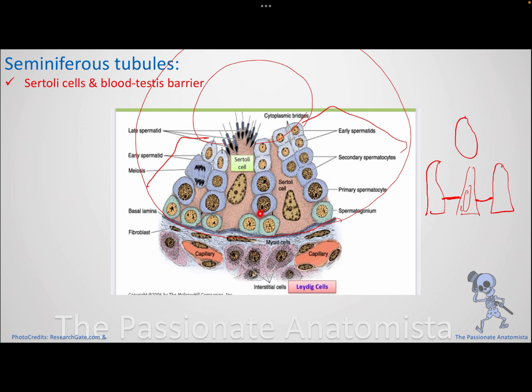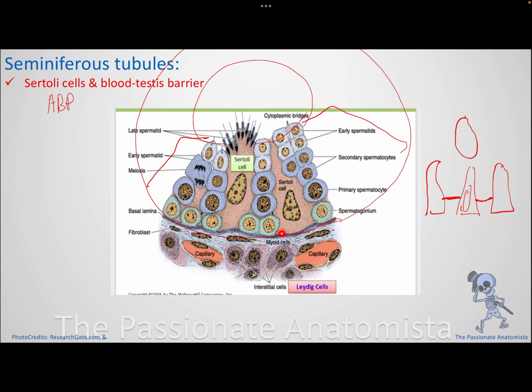One important thing also about the Sertoli cells is that they secrete the androgen binding proteins, which are very important because these proteins are going to catch the testosterone, the androgens secreted by the interstitial cells or the Leydig cells.